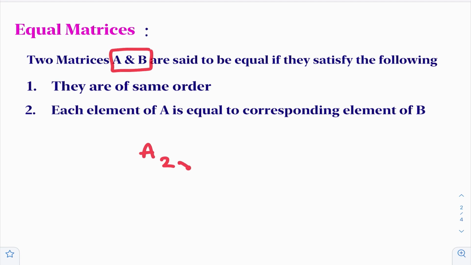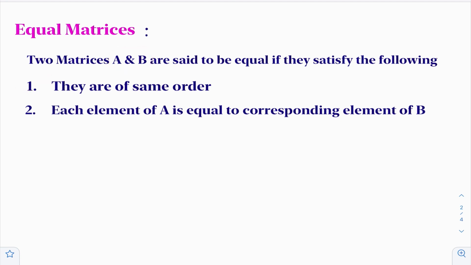Suppose A is a matrix of order 2 by 3 and B is a matrix of order 3 by 2, then these two matrices cannot be equal because the first condition failed. The order of the matrices must be the same.